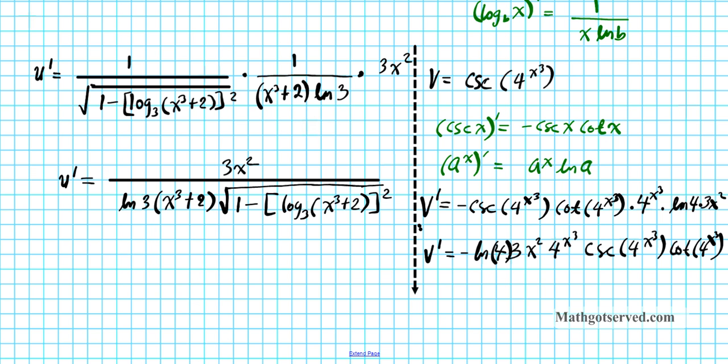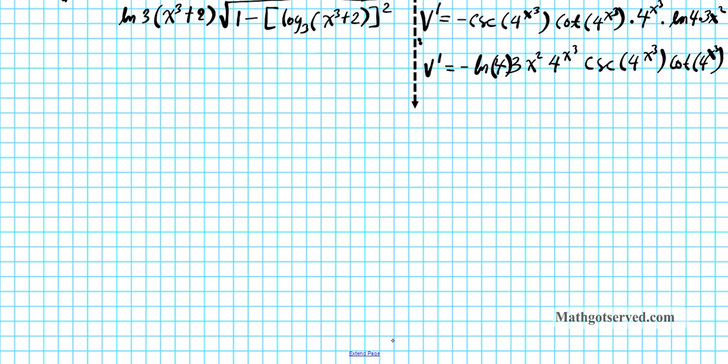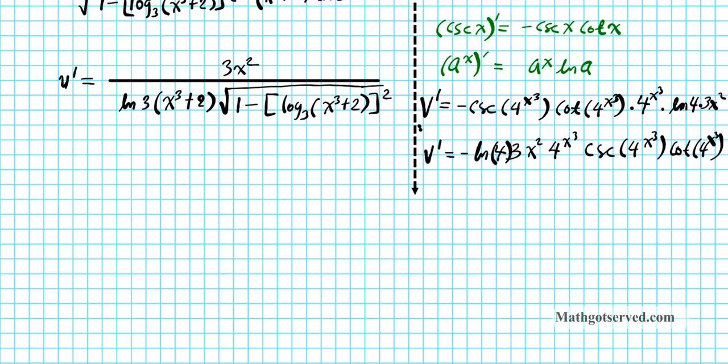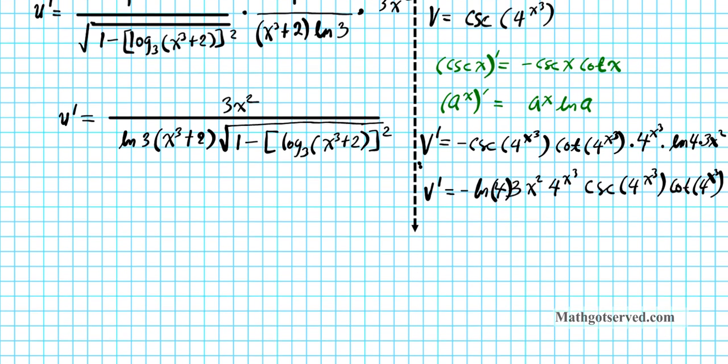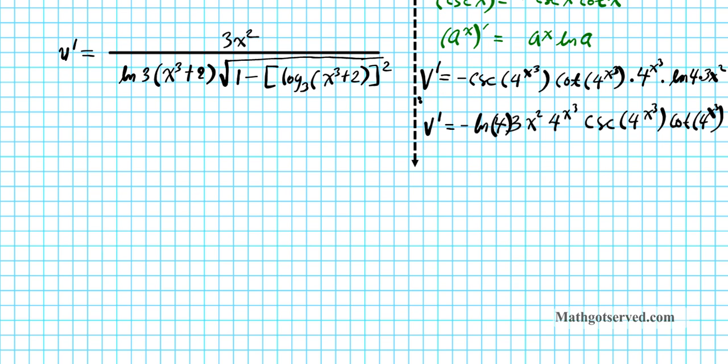All right. Okay, so let's put everything together to get our final answer. So we're going to be using the quotient rule. All right, so let's rewrite it here. u over v prime is basically v u prime minus u v prime over v squared.